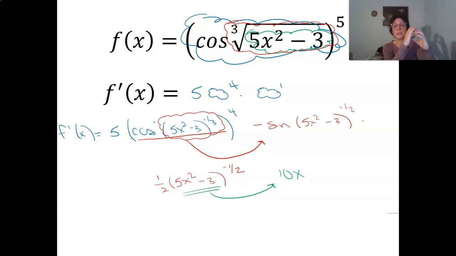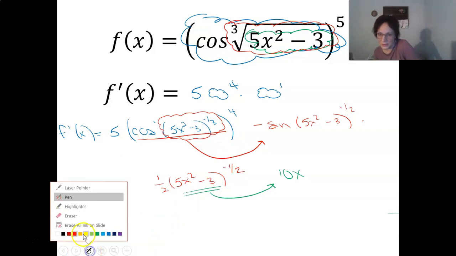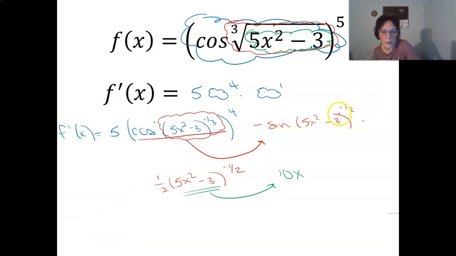Then we go in one more step, take the derivative of that cube root function. I turned it into a square root, didn't I? Oh my goodness. Probably sitting there thinking, lady, this is a 1/3, and a minus 2/3. Sorry about that.